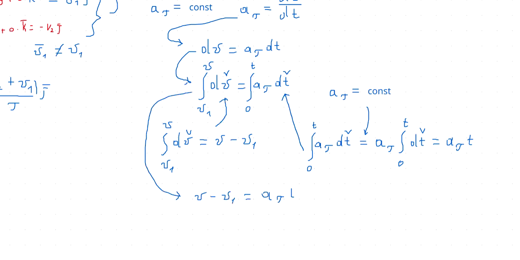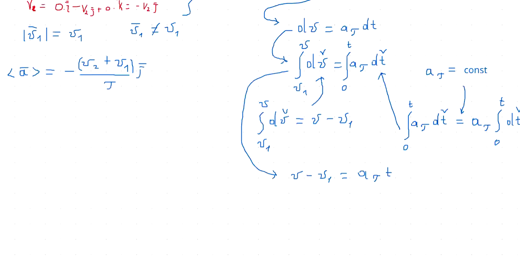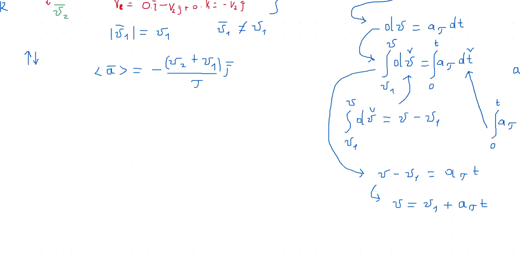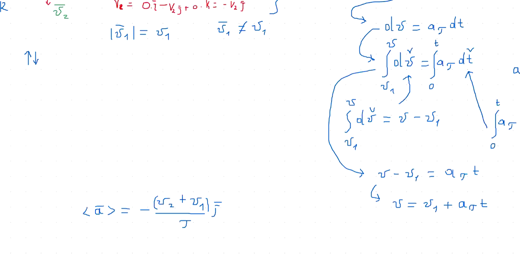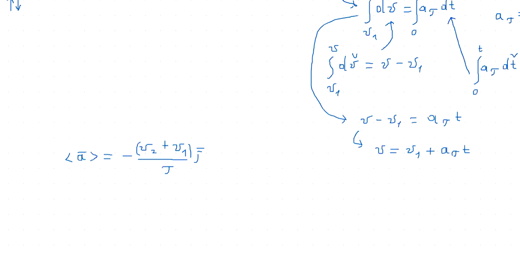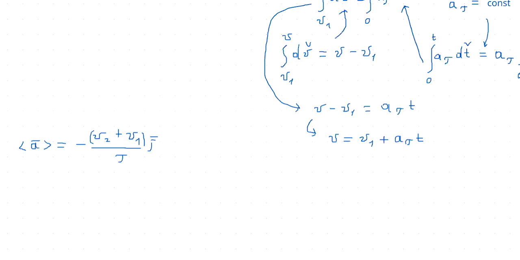A tau t. And from here we have v is equal to v1 plus a tau t. Okay, so we have obtained the connection between v1 and v.